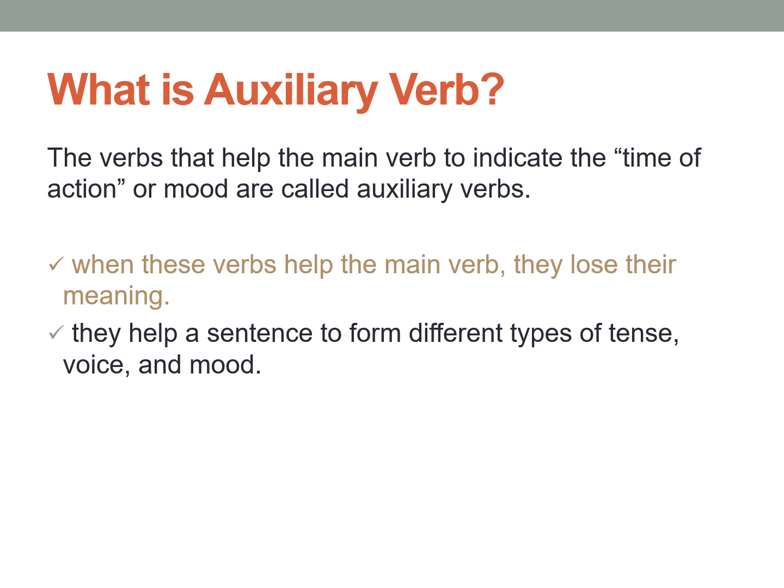That means these verbs are helping verbs. You know that auxiliary verbs are known as helping verbs, and because this verb helps the main verb or principal verb, we call them helping verbs.